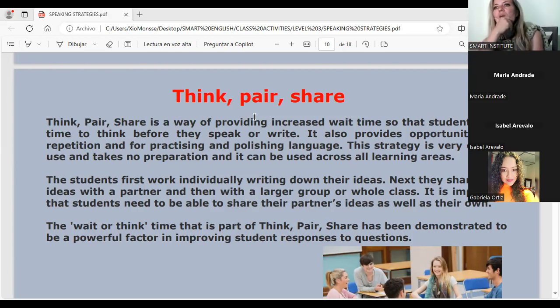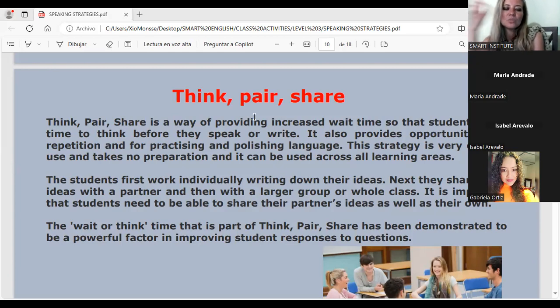You can do this. For example, you say, please write about typical food if you are at intermediate. Write about typical food in your country. So provide questions so that they can answer.